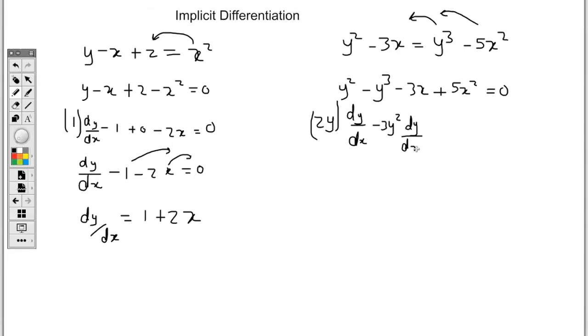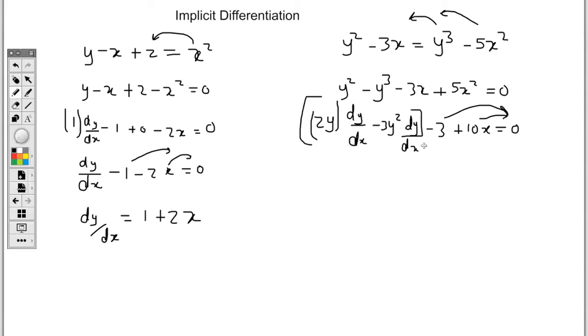The remaining x variable, I have minus 3x, differentiate that to get minus 3, and differentiate 5x squared to get 10x, equals 0.